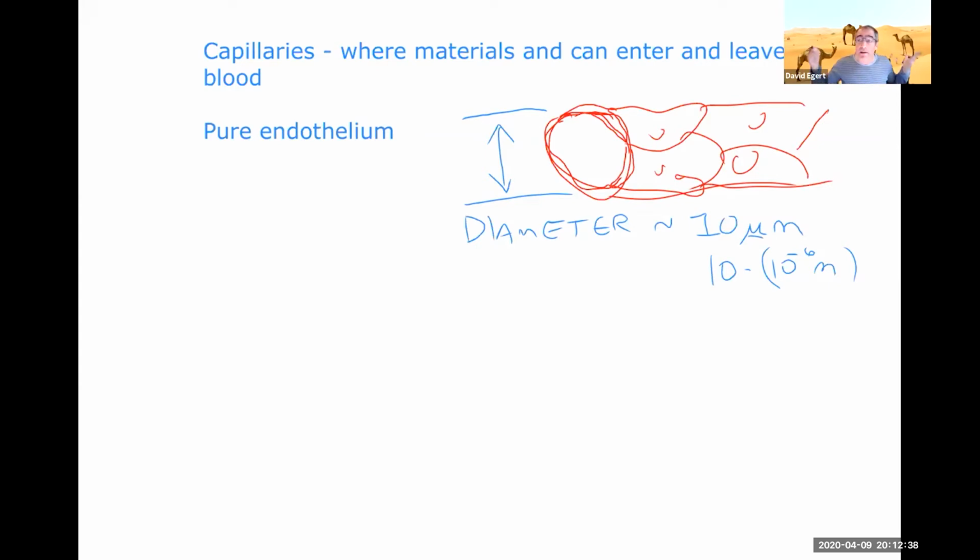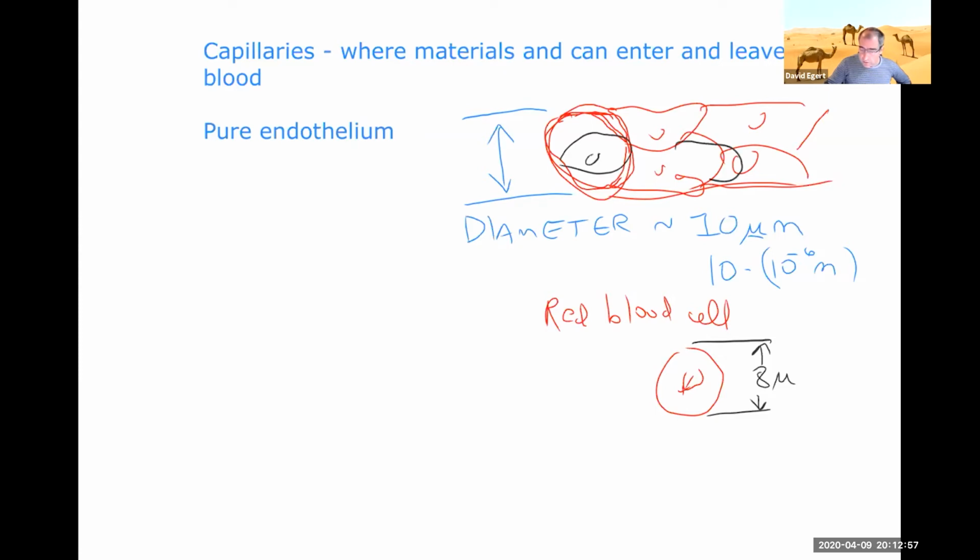A red blood cell is about 8 microns across. So red blood cells are basically going through here single file.